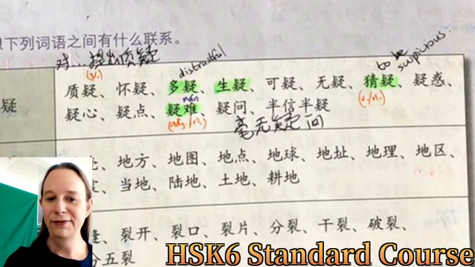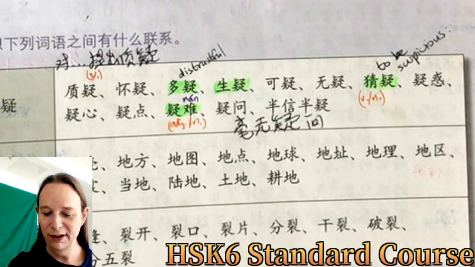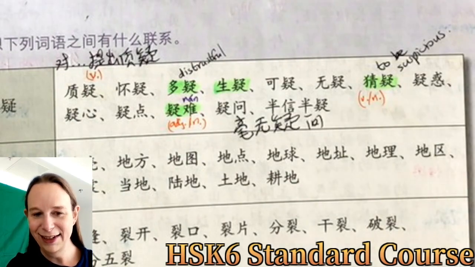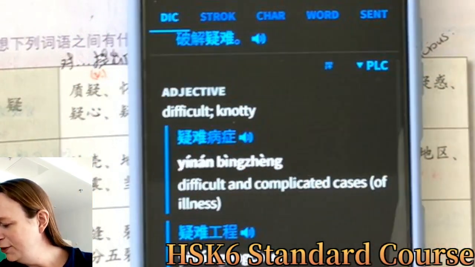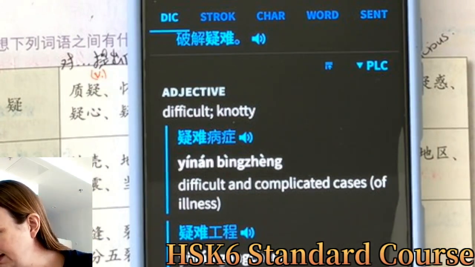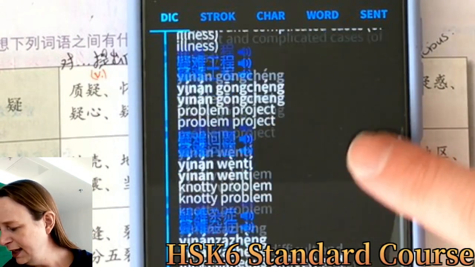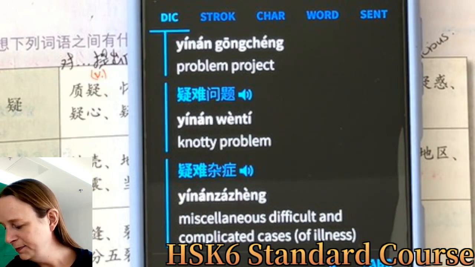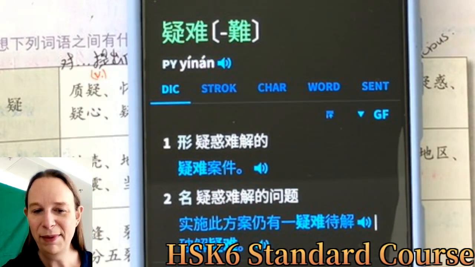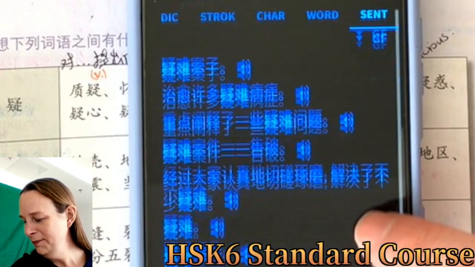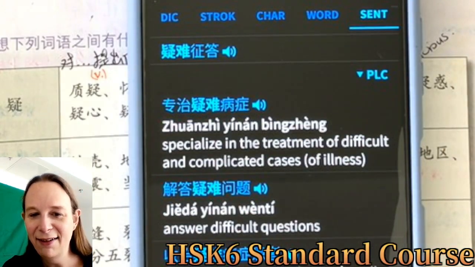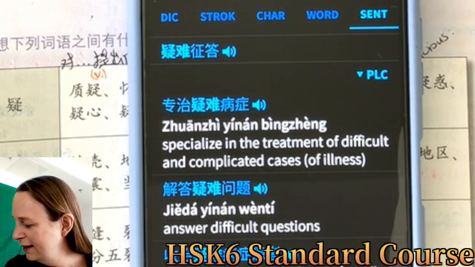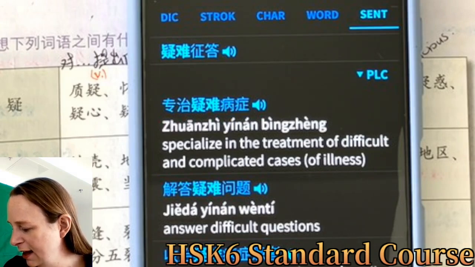Okay, so an adjective that describes a difficult problem. A knotty problem. 疑难病症, 疑难工程, 疑难问题, 疑难杂症. Okay, that's a reasonable word. I think maybe I should use it instead of 棘手. Or maybe if I'm doing handwriting and I forget how to write 棘手, I can write 疑难. 专治疑难病症, 解答疑难问题.